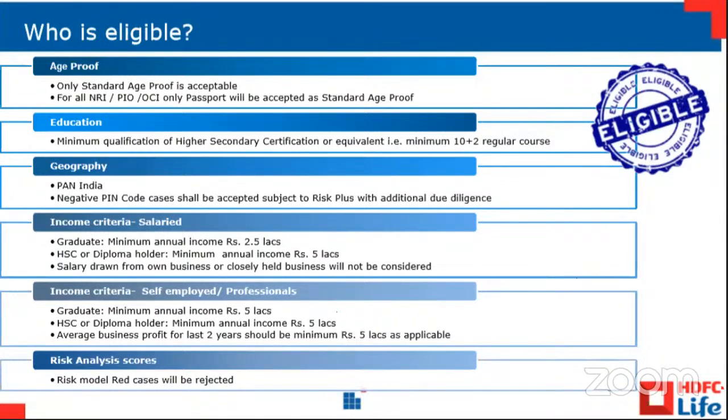But yes, if a physical medical is required, the medical cost has to be borne by the individual. The minimum education required is 12th only. And income criteria: if the person is a graduate, minimum income should be 2.5 lakh, or if 12th or diploma holder, it should be 5 lakhs.